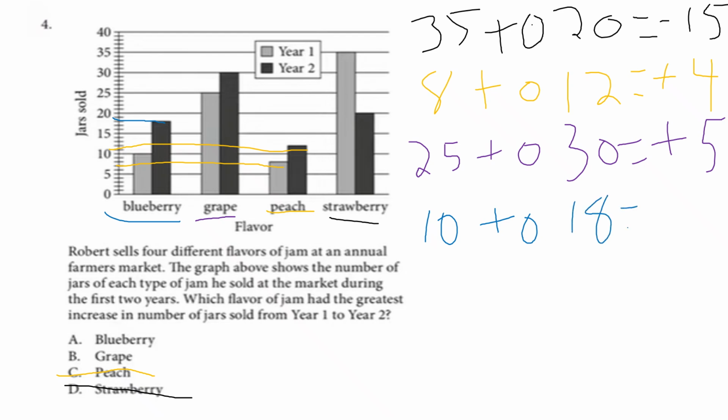So that means it increased by 8. So now we can get rid of the grape because grape increased by 5 from year 1 to year 2, but the blueberry increased by 8, and 8 is larger than 5. So it looks like our answer is A, blueberry.